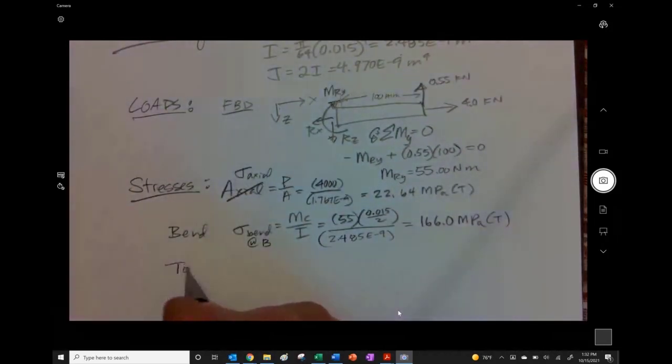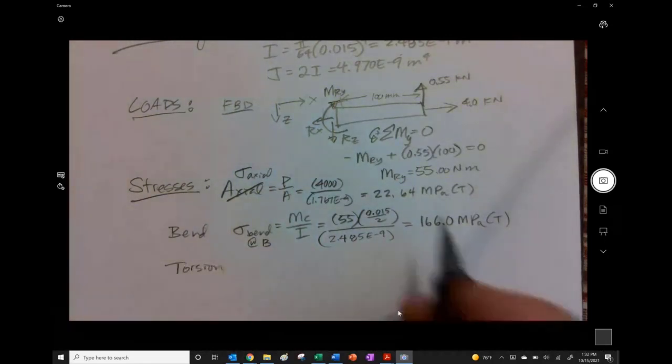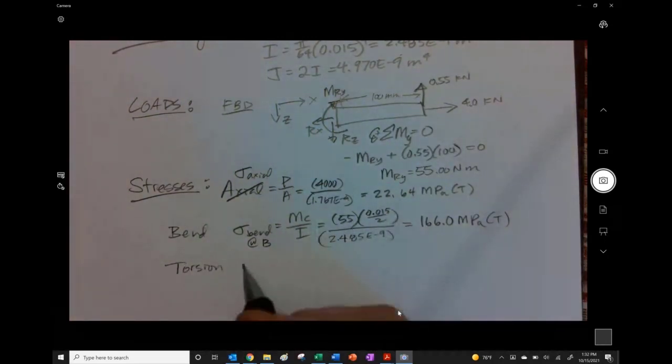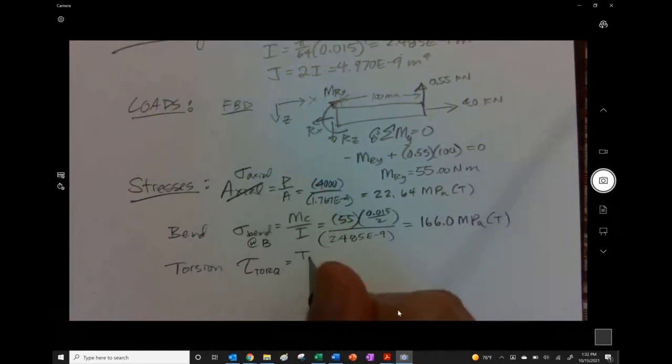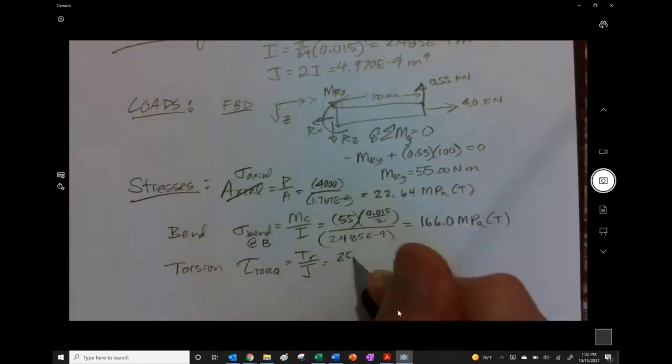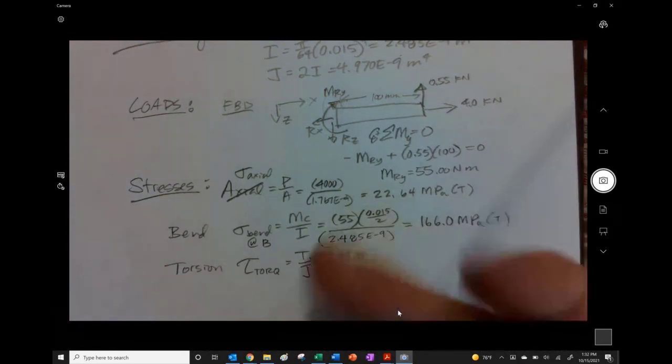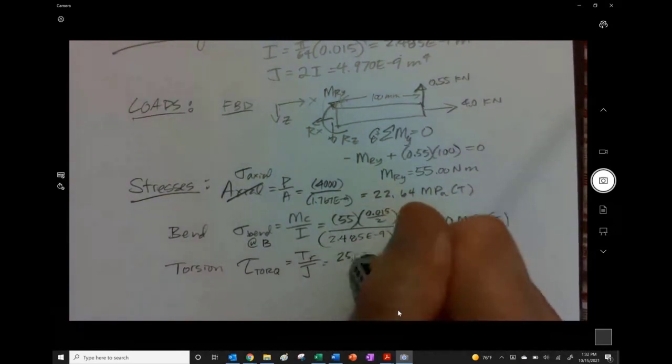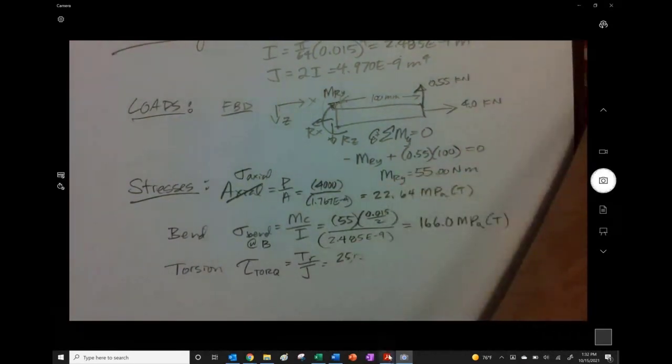And then torsion. So we're going to get torque, Tr over J. And they told us it was 25,000. No, it's 25, right? I got to read the problem again.